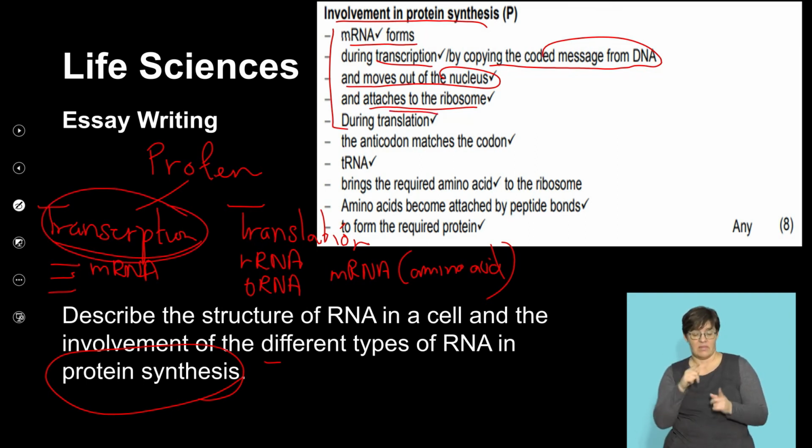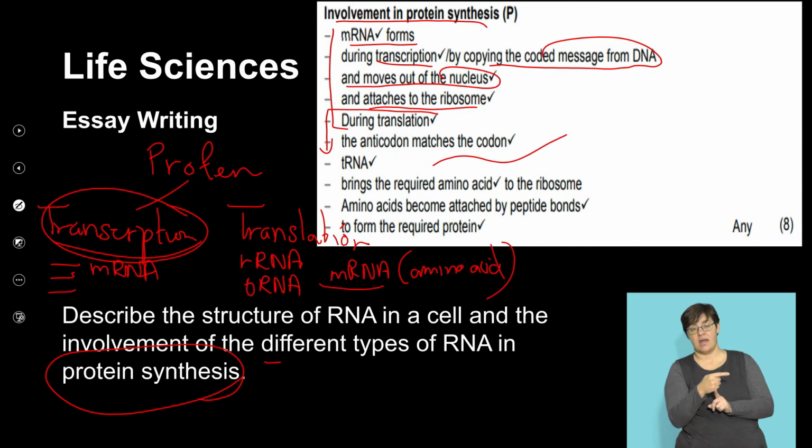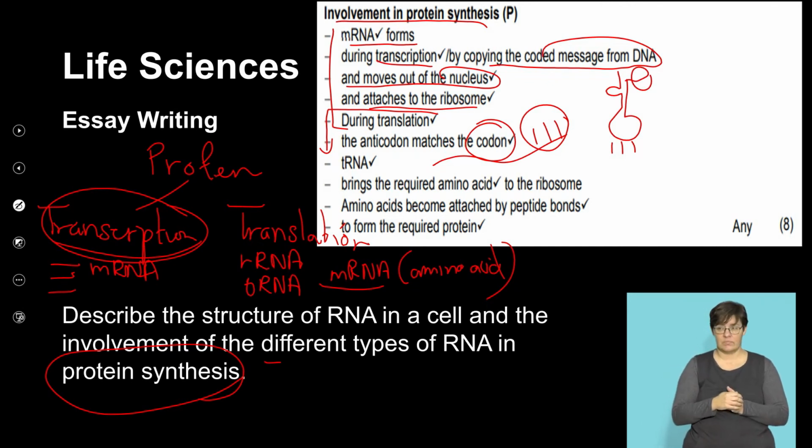It then moves into translation, where we see the mRNA, which is now that strand containing codons, as we mentioned. We also mentioned the concept of the tRNA bringing in the amino acids, which we often illustrate using that. The tRNA then brings in the required amino acids.